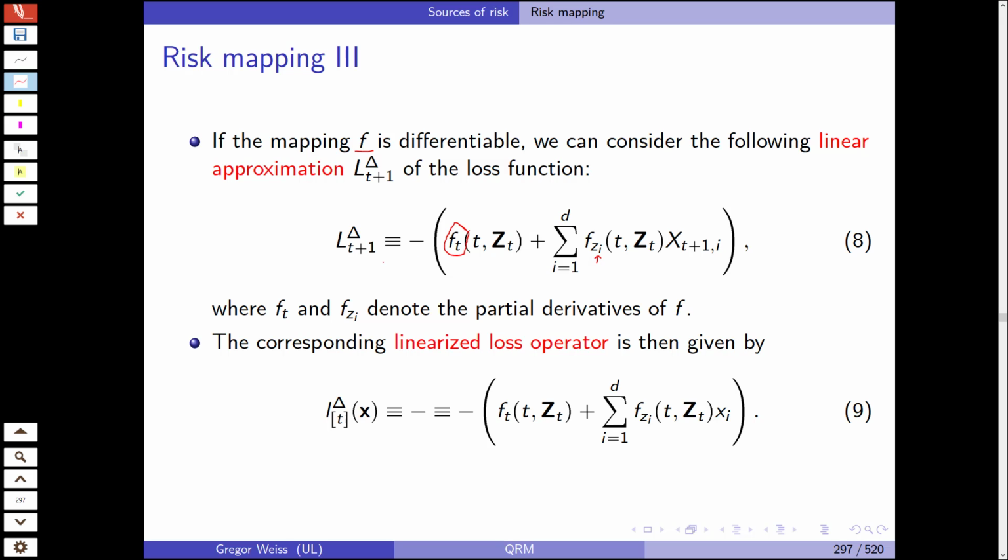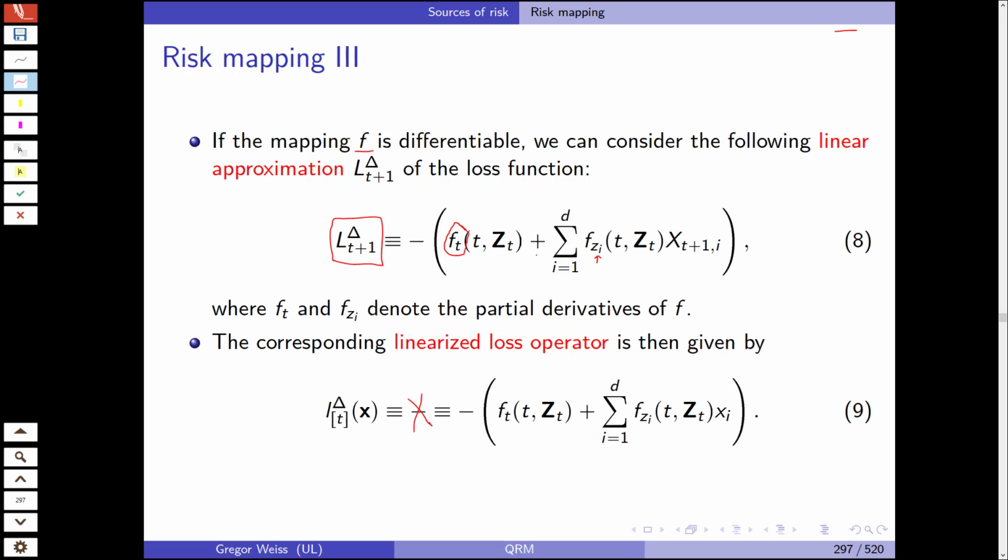It's quite simple to show that the linearized losses are given by minus the partial derivative with respect to t plus the sum of the partial derivatives times the risk factor changes. This is equal to the linearized loss operator.